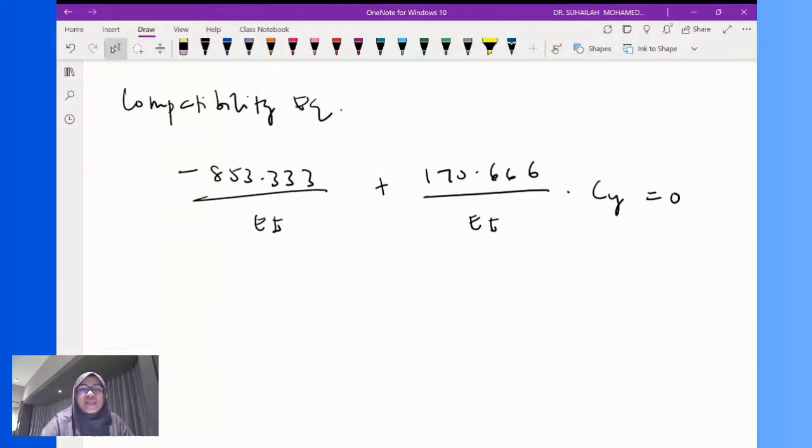So this is the compatibility equation. The compatibility equation for this beam when the redundant is CY is written like this.